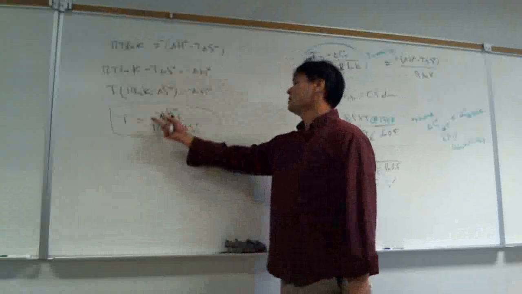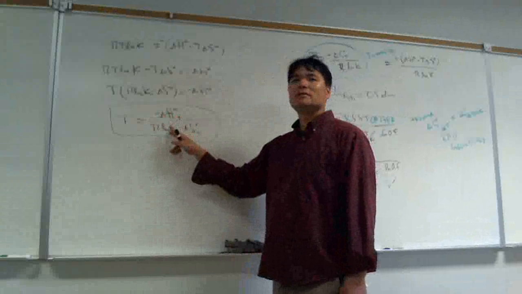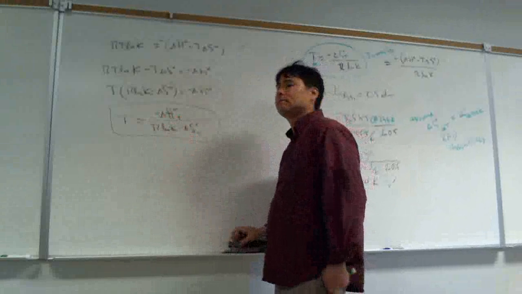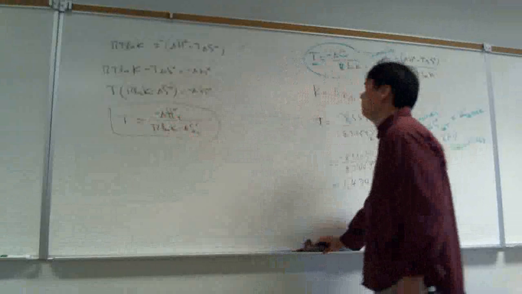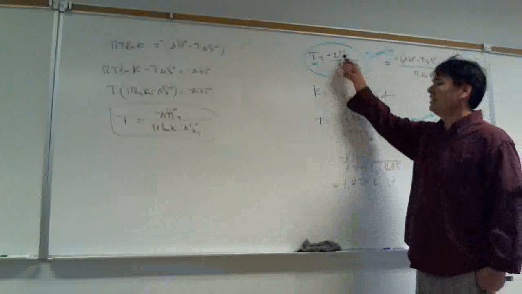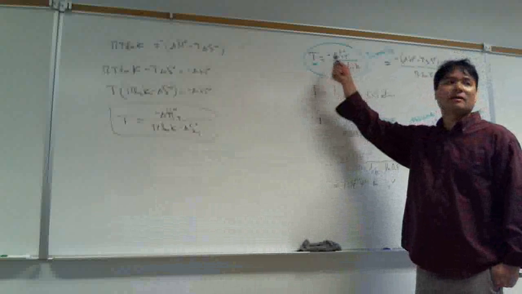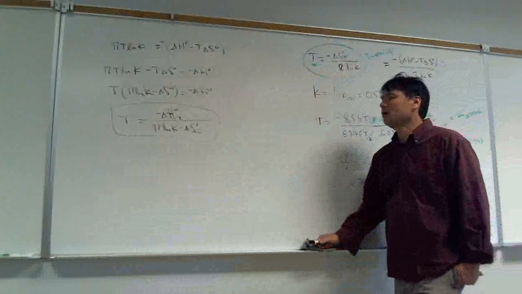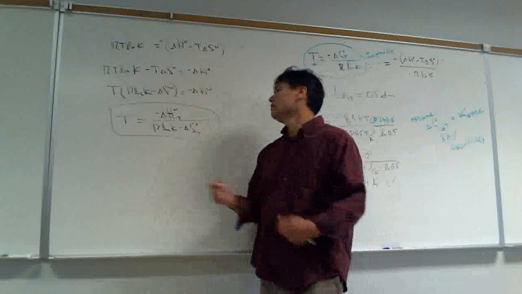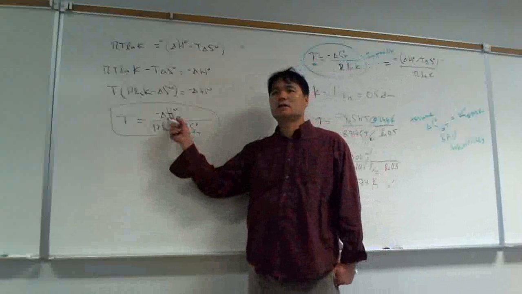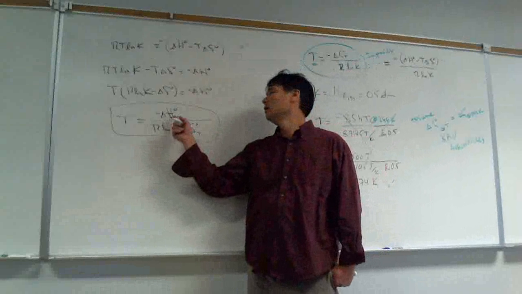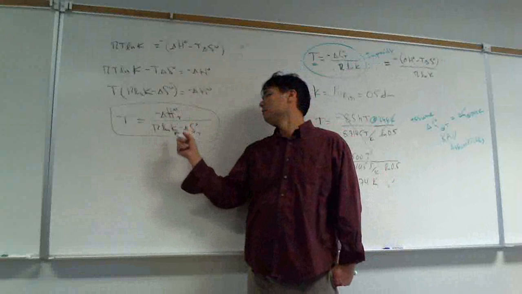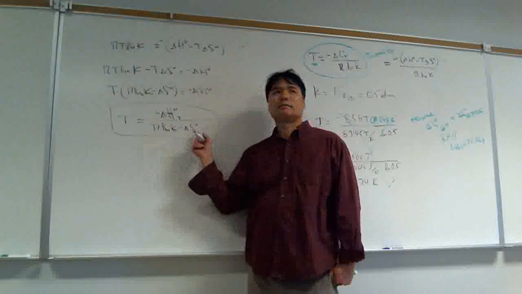If I change this to a positive and flip these, then it'll do the same thing. But you see the point here. This is bad. This is okay now. And so now we can do the calculation. But we also have to calculate delta H and delta S.